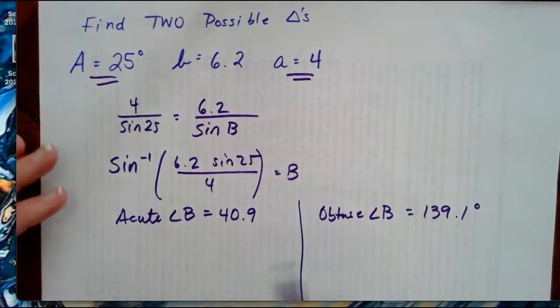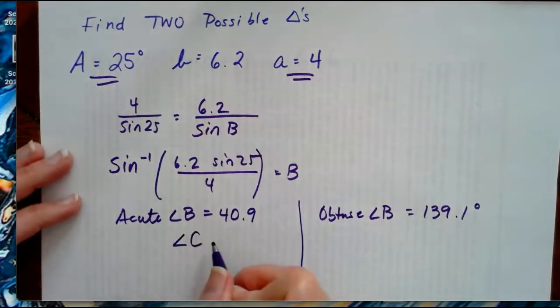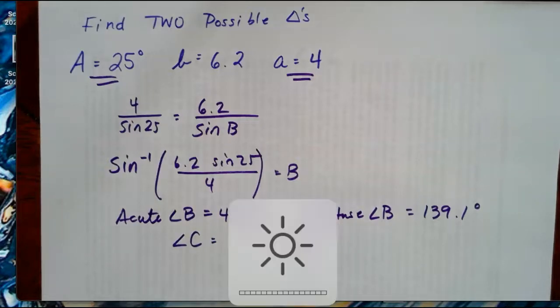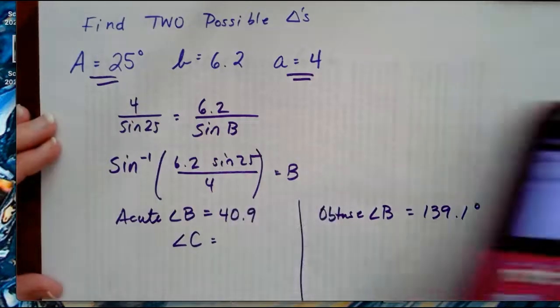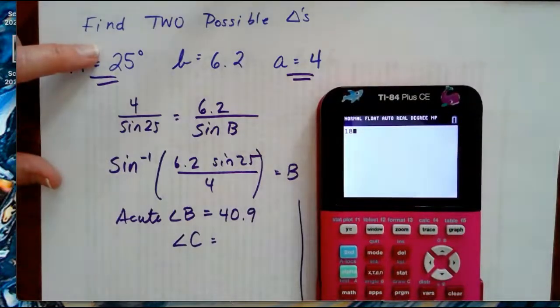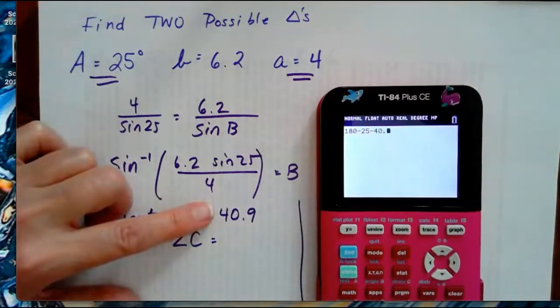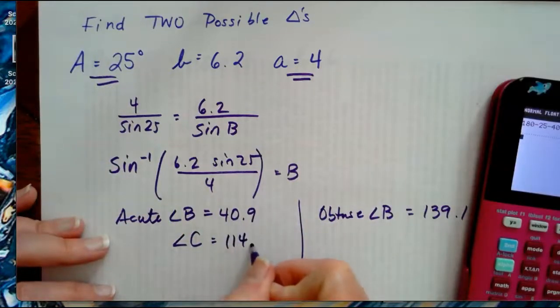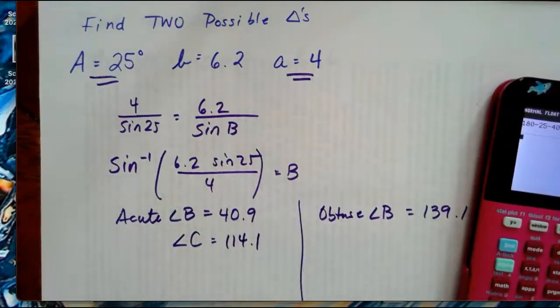And then let's go ahead and find angle C, since we're right here. So remember, every triangle has an interior angle sum of 180 degrees. So we just need to subtract. So 180 minus 25 minus 40.9 gives us angle C at 114.1.